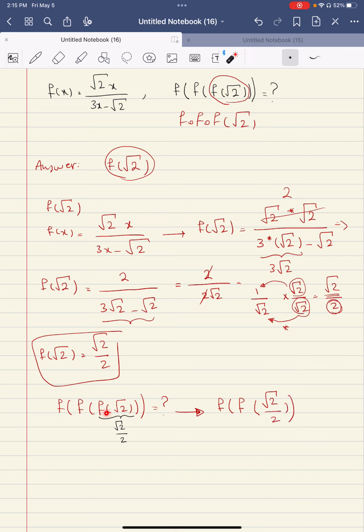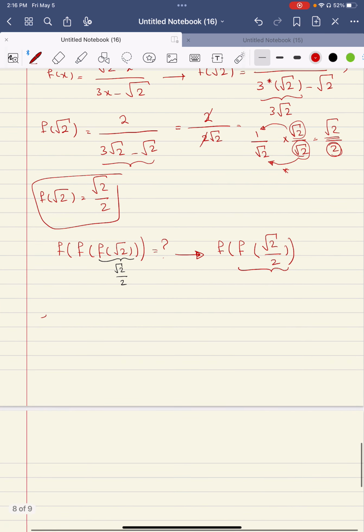So this part is gone, and we have f of f at root 2 over 2. So again, we should find out what the value for this part would be, and then we have to replace it with a value, and then we have to find the f of that value, and that would be the answer. So let's go ahead and find the f of root 2 over 2.